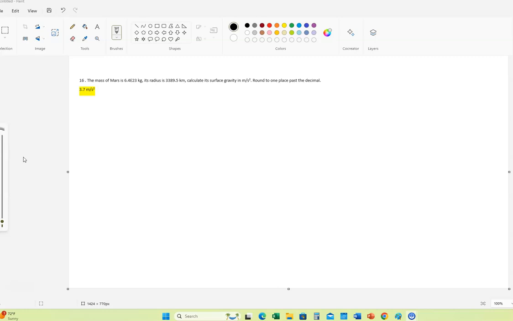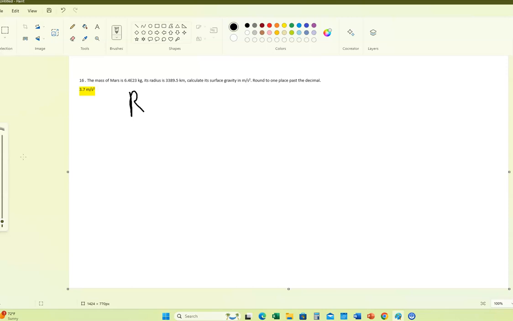All right, so the one thing is that we have to change the radius immediately. The radius of Mars, we have to change it into meters. So it's 3,389.5 kilometers. Right, and we know that in 1 kilometer, you can just do this directly.